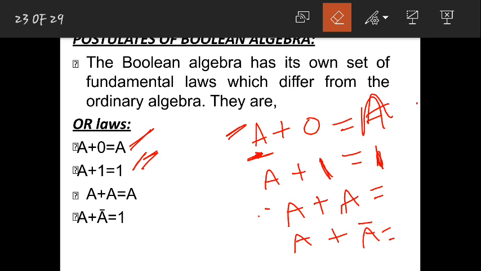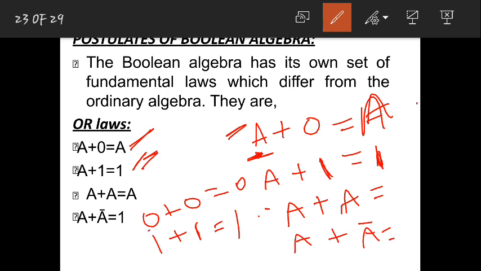Now the other thing you have is A OR A. What is the result you get? Before writing it as A, we will see first. If you consider A is equal to 0, then 0 OR 0, you will get 0 itself. Next, if you consider A is equal to 1, then 1 OR 1 is 1.